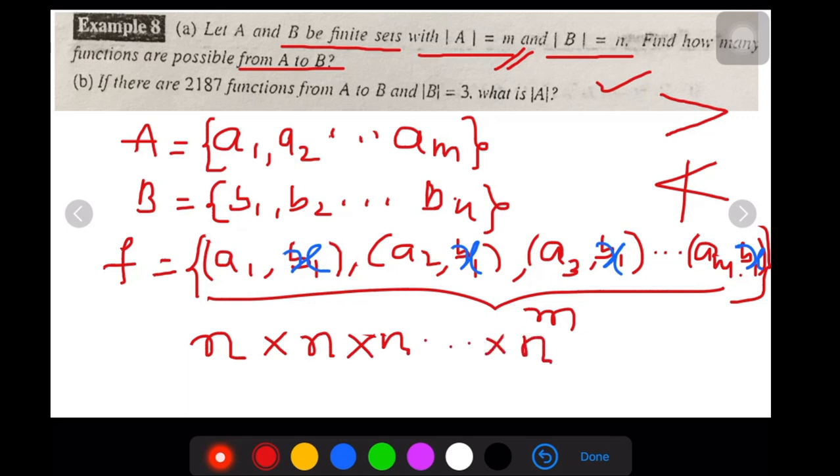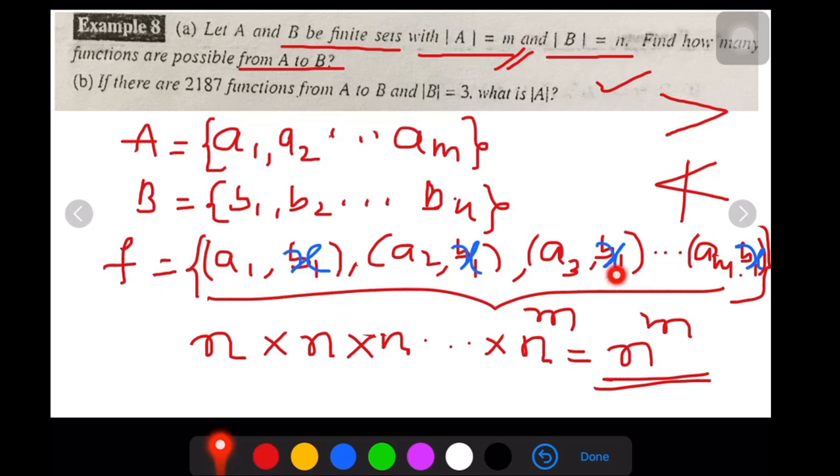So how many factors are there in total? M factors. Therefore, it becomes n to the power of m. So n to the power of m is the number of possible functions from A to B.